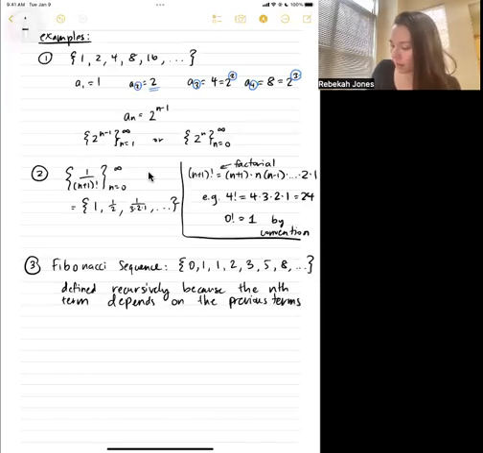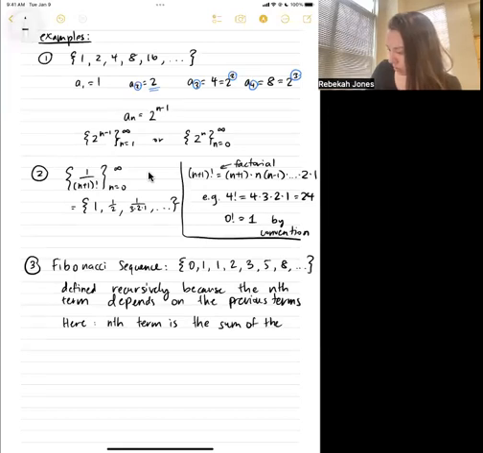So here, the nth term is the sum of the previous two.